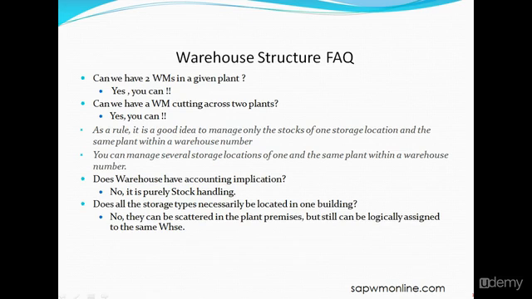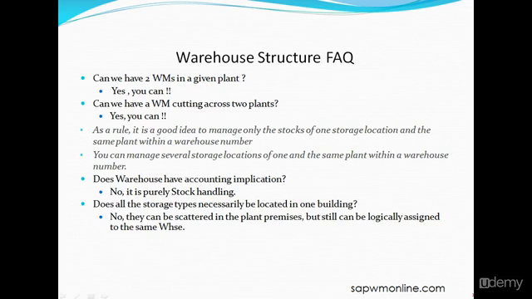Yes, you can. What this means is that one plant has two warehouses. Of course, you will have to have individual storage locations pointing to each warehouse. So you have to have a unique plant, storage location and warehouse combination.